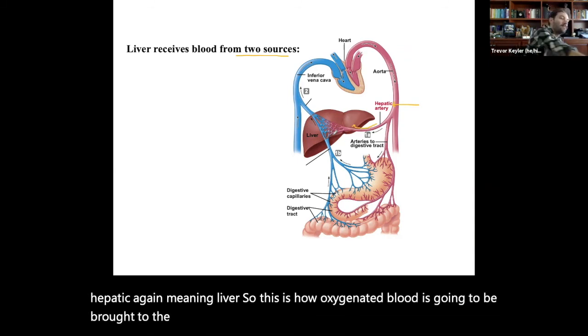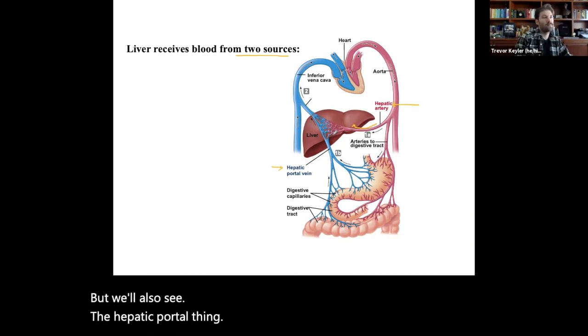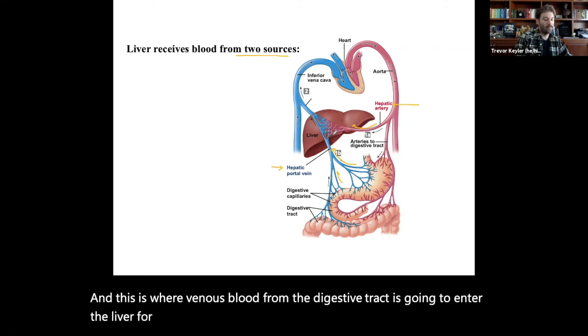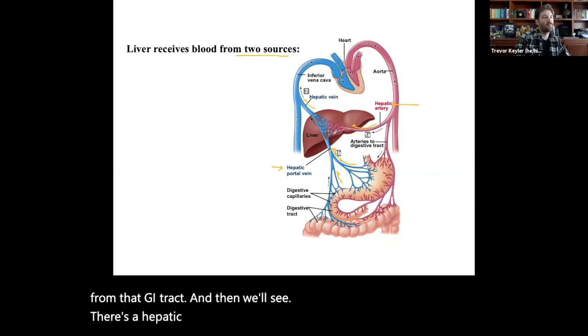But we'll also see the hepatic portal vein. This is where venous blood from the digestive tract enters the liver for processing and storage of absorbed nutrients that we've gotten from the GI tract. And then there's a hepatic vein that leaves the liver and flows up to the inferior vena cava.